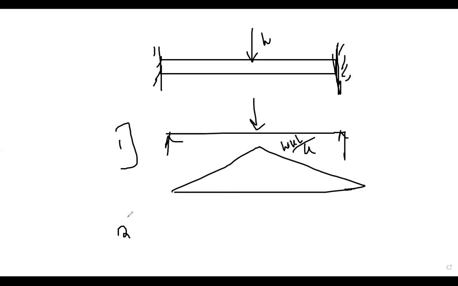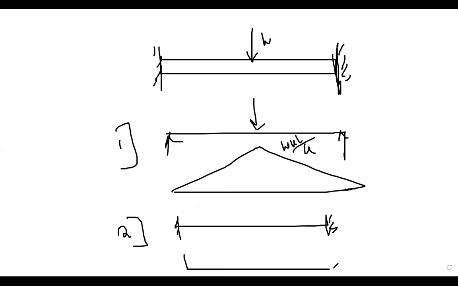Then second step, consider the fixed end only without any load. For that, draw the bending moment diagram. And this fixed end moment that we have to consider is equal to MP.